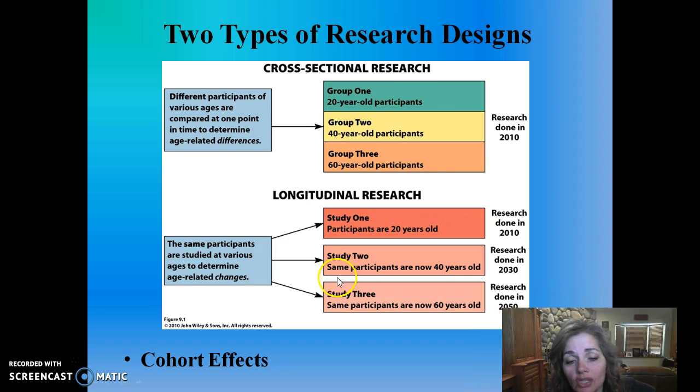One of the advantages is that because it's the same group of participants, we don't have individual variables that play a factor in the results. The same participant one here was participant one here and participant one here, and vice versa with all the other participants in the study. So we know that any differences between the three comparison points or measurement points are because of the aging factors that are involved.